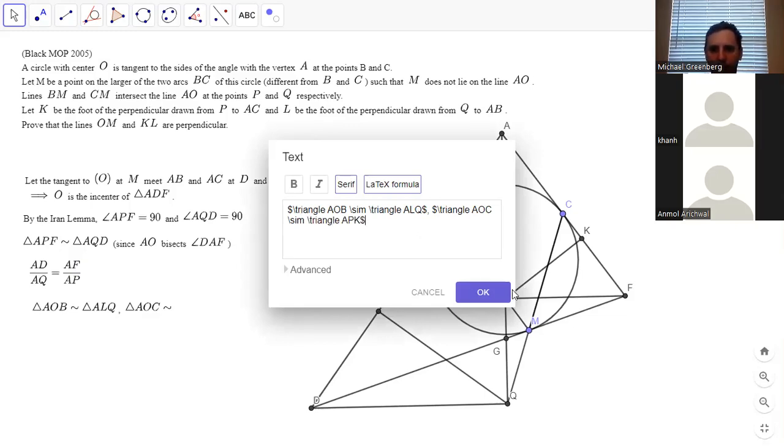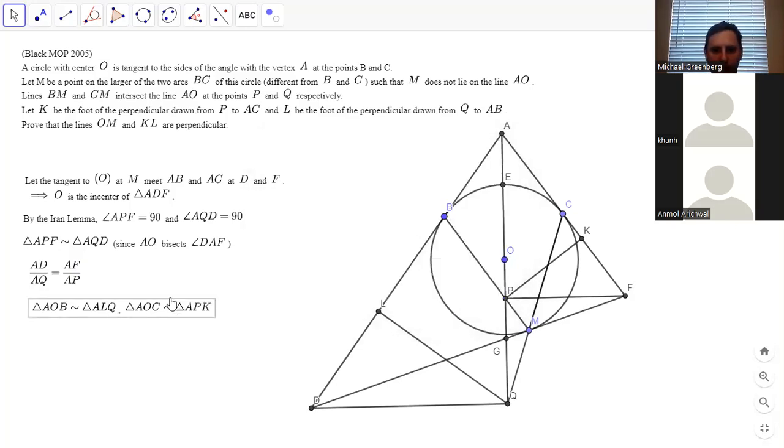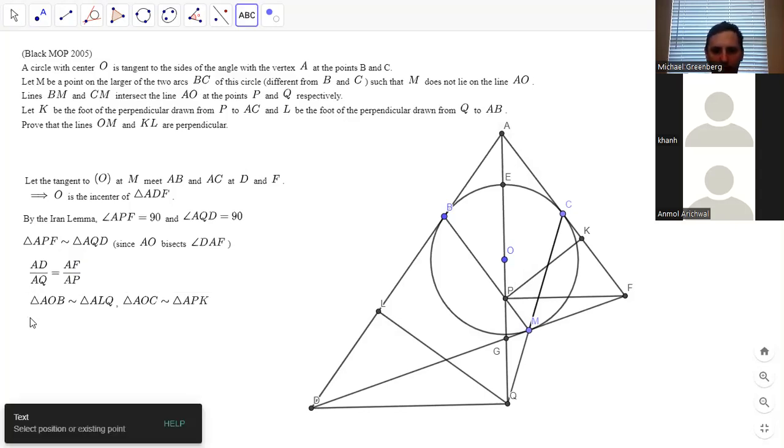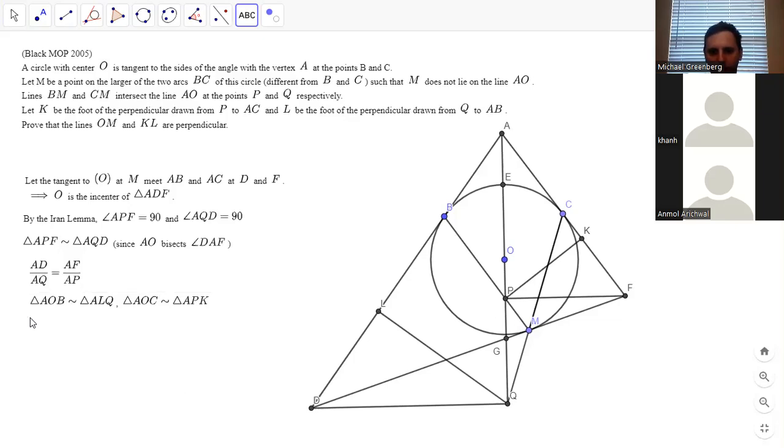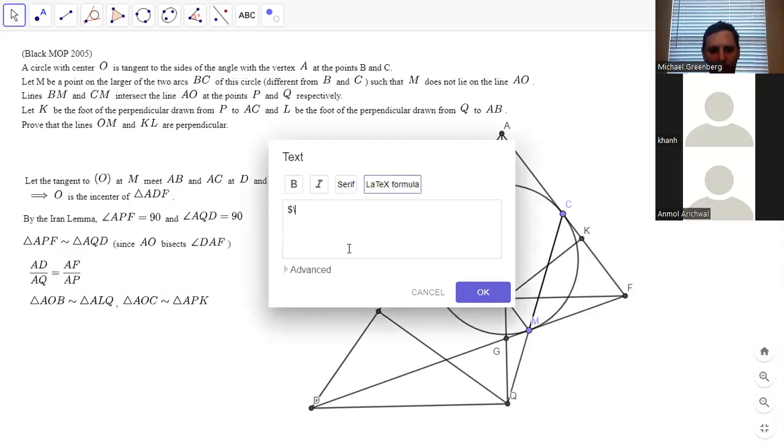Right after this, I'll look at the proof you mentioned. So we have AO over AQ is AB over AL. And we also have AO over AP is equal to AC over AK.